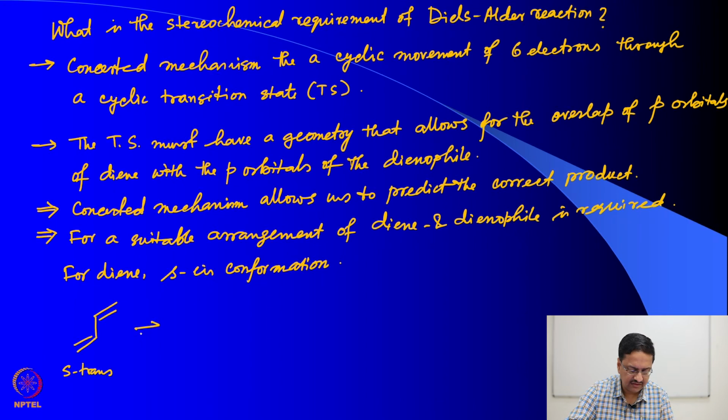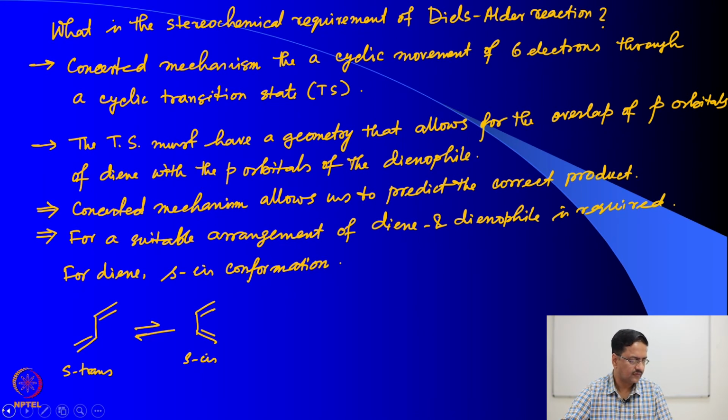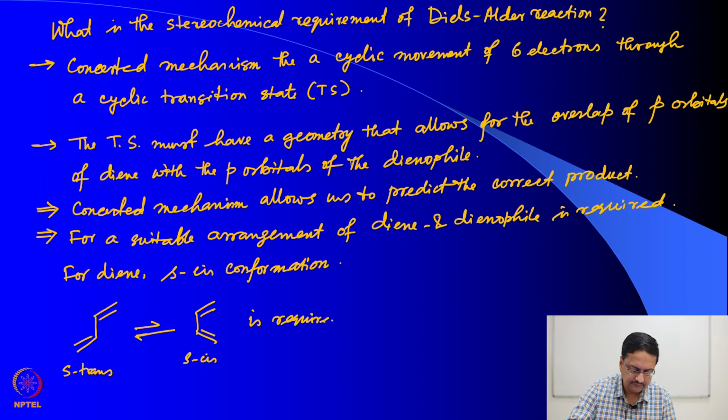This s-trans is in equilibrium with the s-cis conformation, with s-cis being the less stable conformer. So, this s-cis conformation is required for the Diels-Alder reaction to take place.